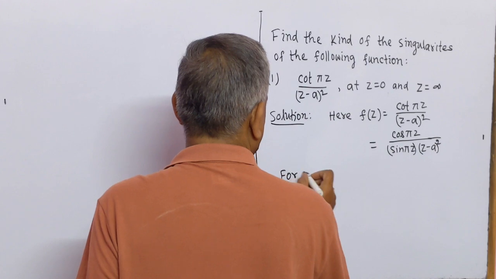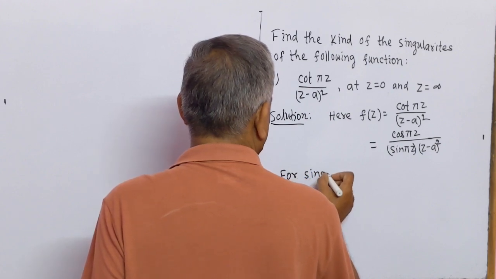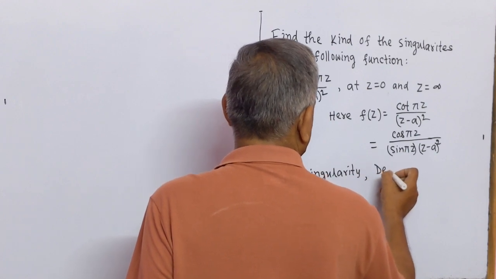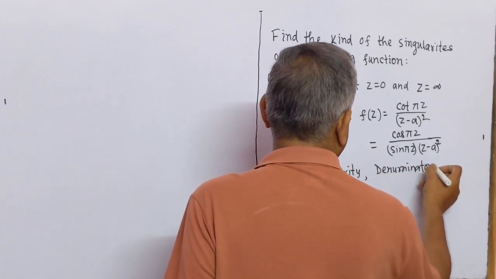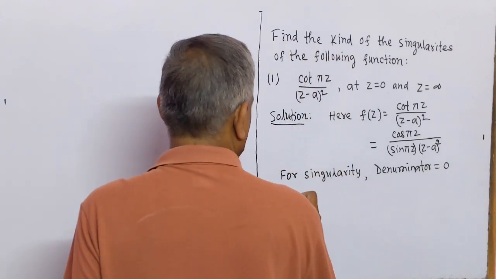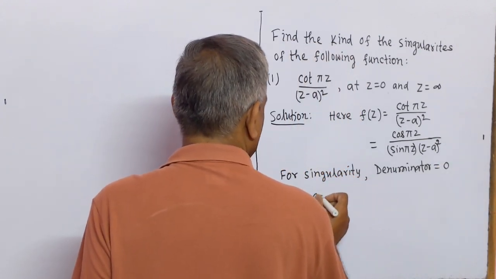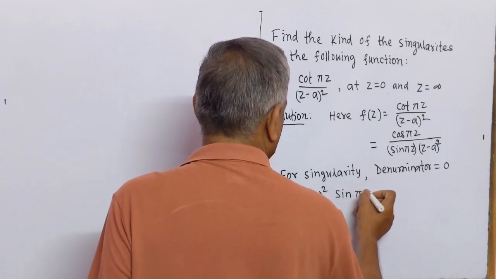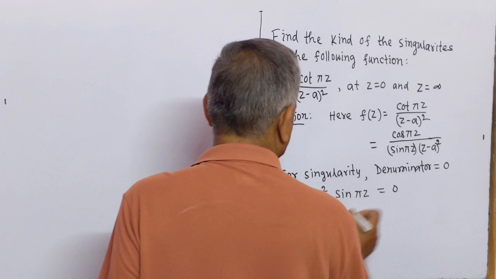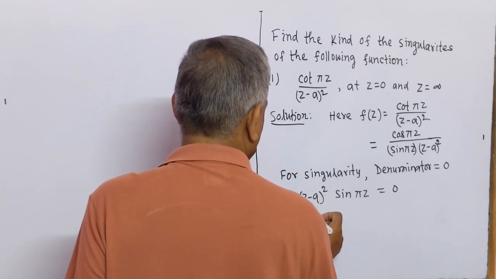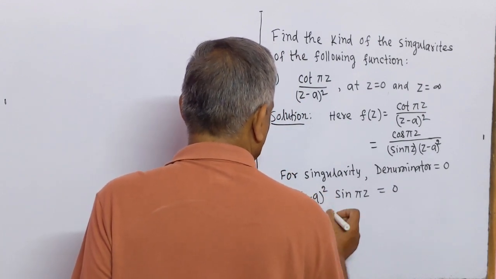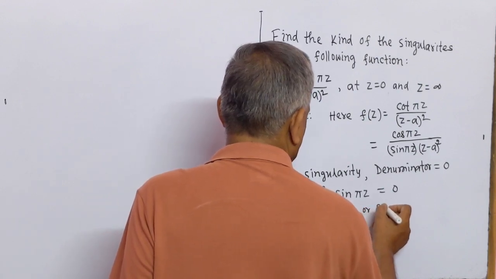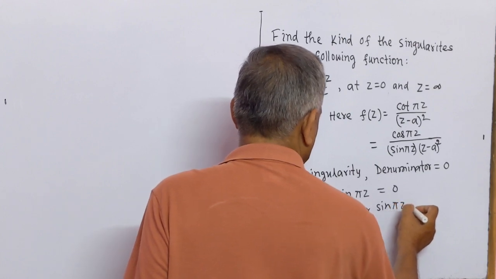For singularity, denominator equal to 0 implies that (z minus a) whole square multiply sin pi z equal to 0 implies that (z minus a) whole square equal to 0 or sin pi z equal to 0.